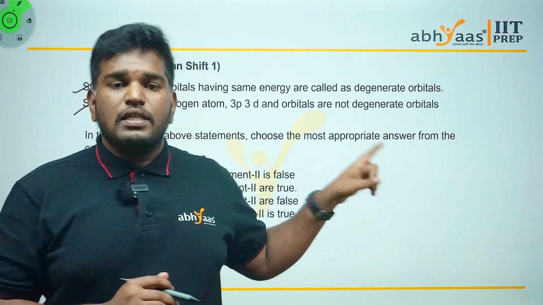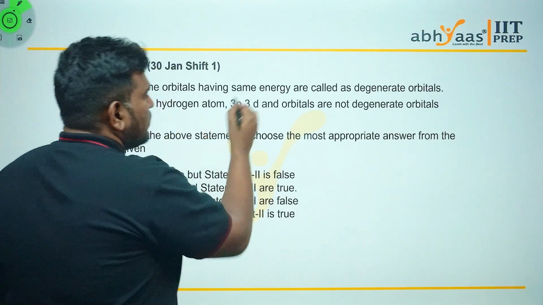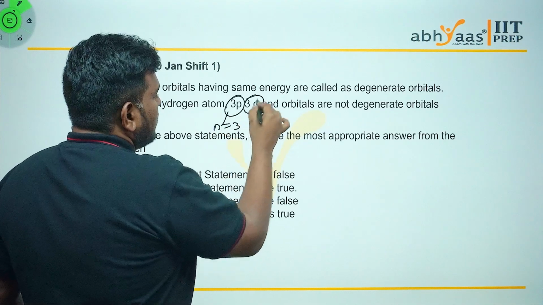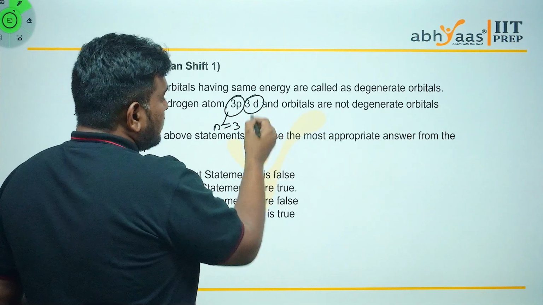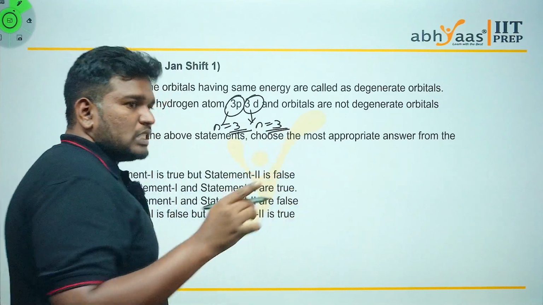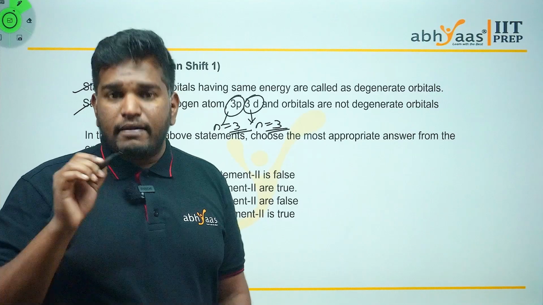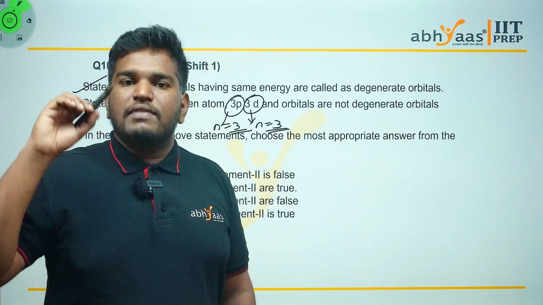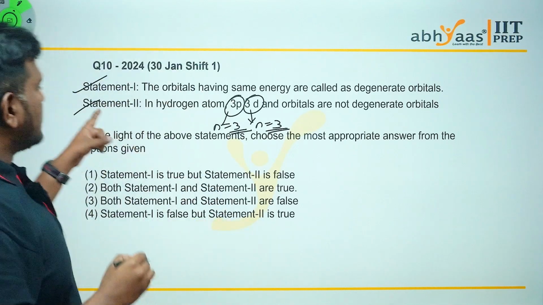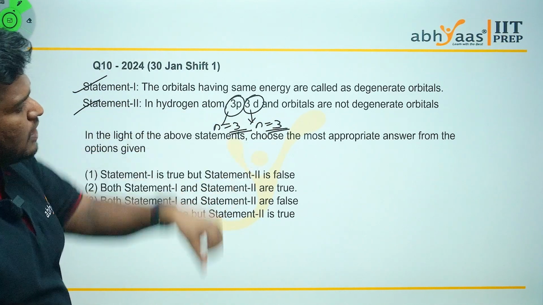The principal quantum number of 3p is n equal to 3. What is the principal quantum number of 3d? n is equal to 3. That means for single electron species, as the energy is determined by the principal quantum number, 3p and 3d will have the same energy. That means they are degenerate orbitals. But what is the statement? In hydrogen atom, 3d and 3p orbitals are not degenerate.